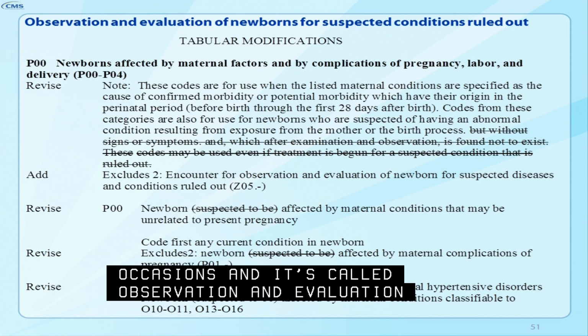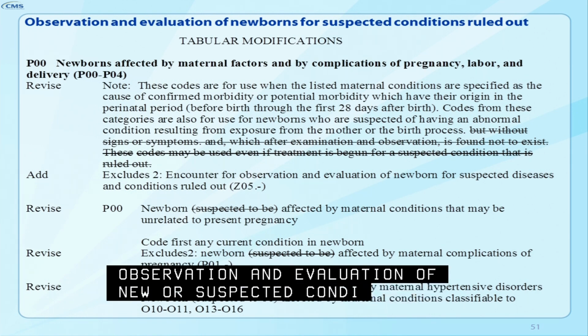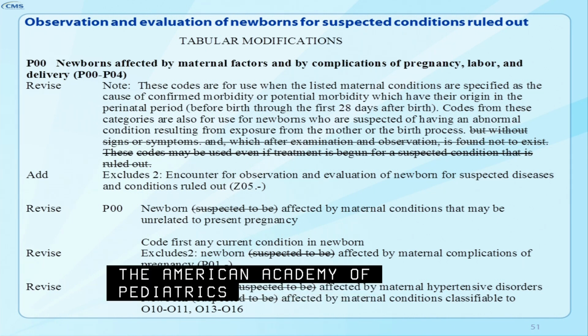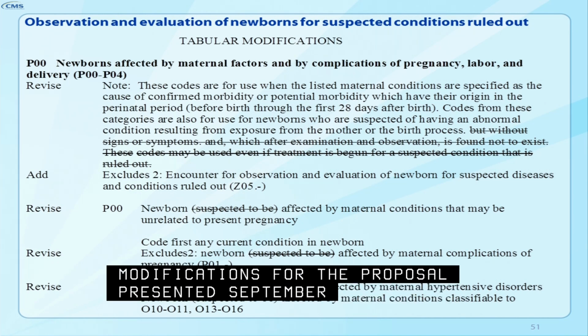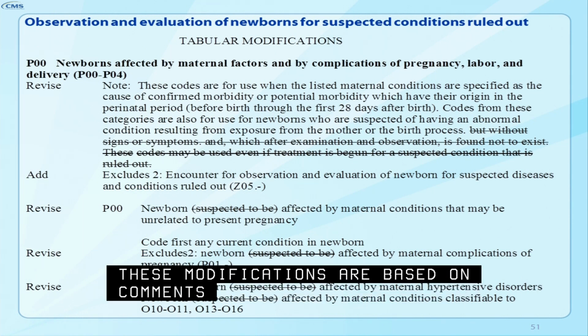The American Academy of Pediatrics, AAP, has developed modifications for its initial proposal presented in September 2013 CNM meeting. These modifications are based on comments submitted and working with various stakeholders over the last 2 years.